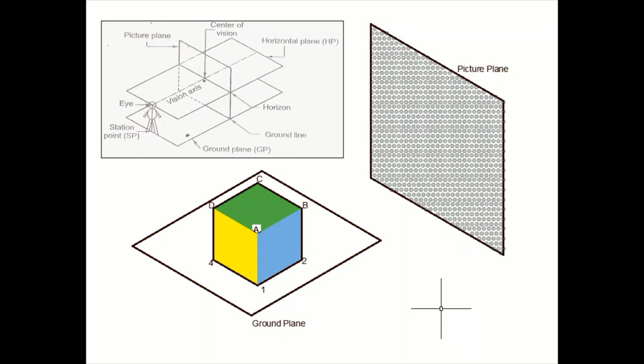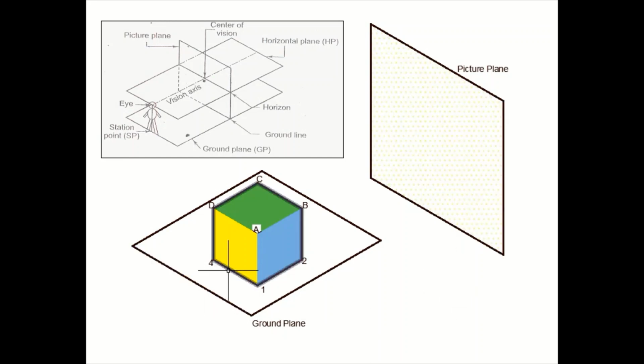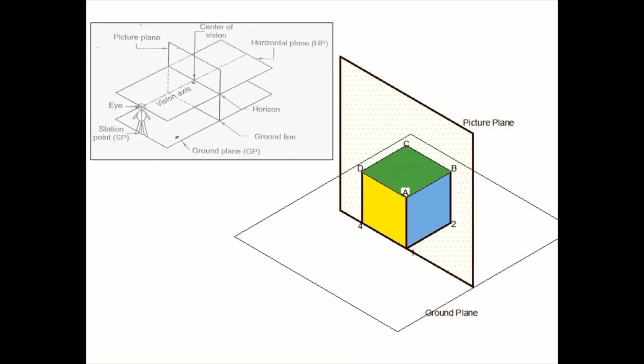That is to say that the face of this cube which was available to us in the front view, the yellow colored face, must be touching this picture plane completely. So this is how the object will be placed. You can see in this case the face AD41, the yellow colored face, is completely touching the picture plane while the object is resting on the ground plane.